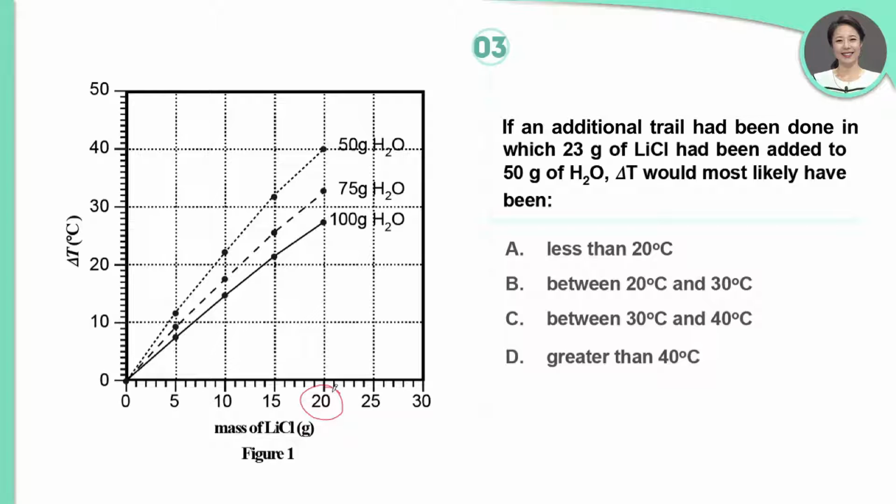So 21, 22, 23 is here, and 50 grams of water. So 50 is here, 23 is here. Let's go up, way up to 50. Delta T is increasing, so the delta T will be higher than 40. So greater than 40, the answer is D.